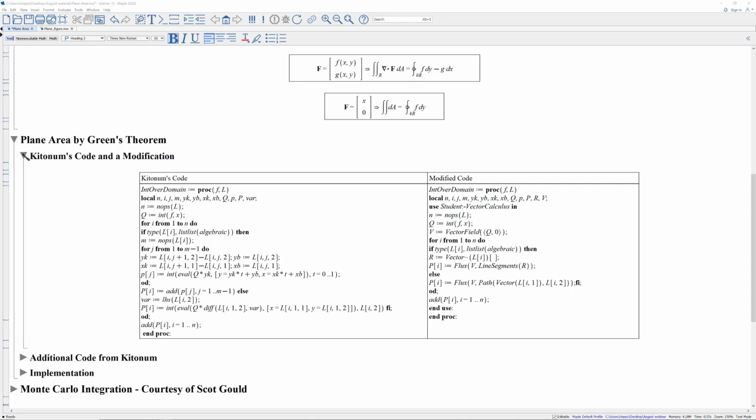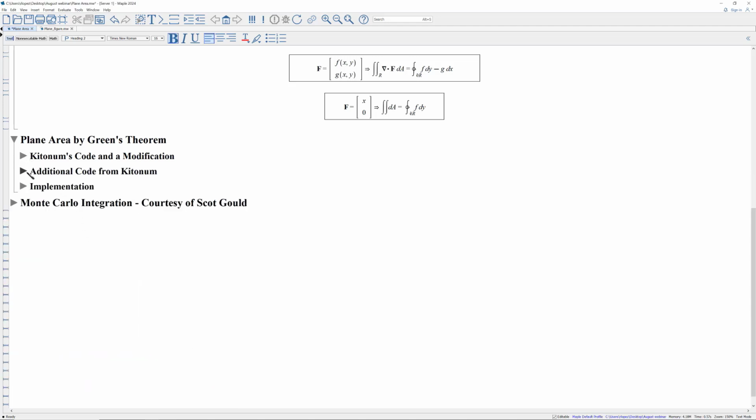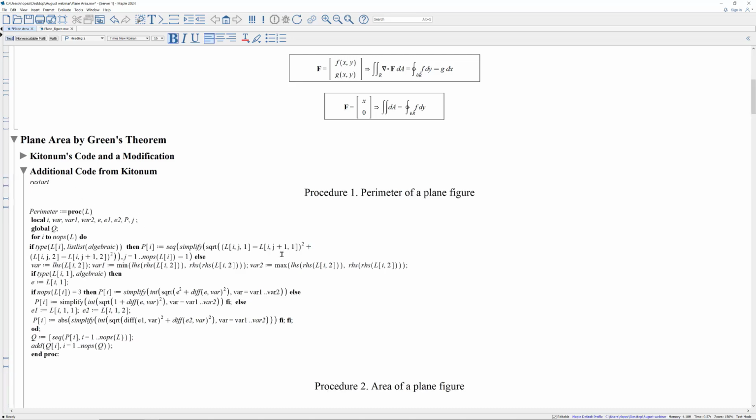Now, the early code written by Kitonum and posted to MaplePrimes going back to 2013 did not behave itself. The figures were missing. He had this worksheet, so I grabbed it and had to fix a few things to make it work properly.